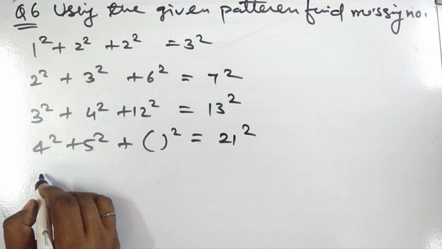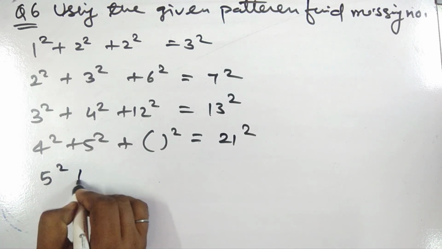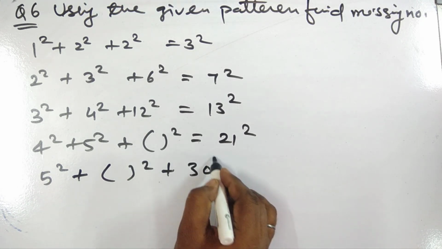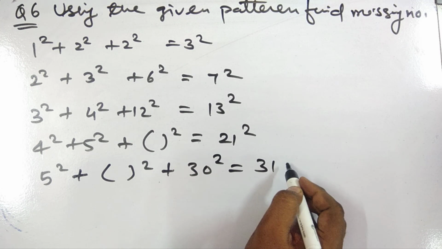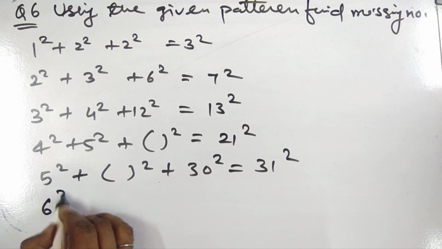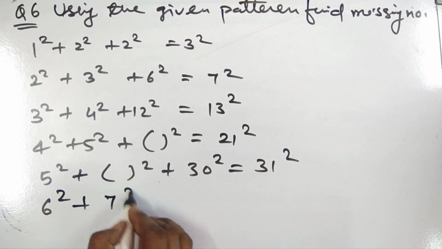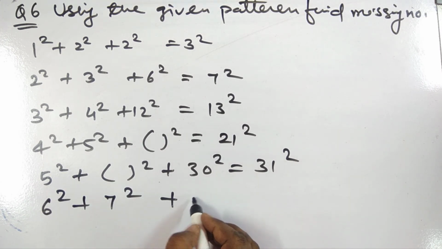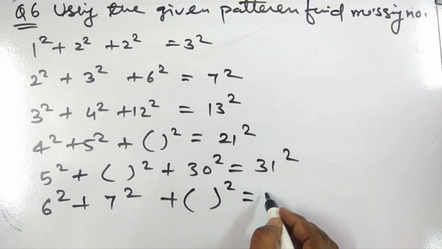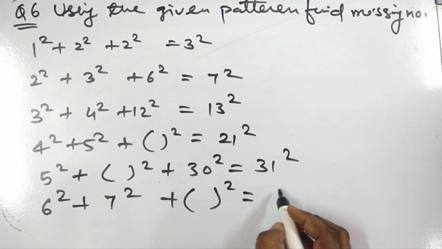Then 5 square plus blank plus 30 square is equal to 31 square. Then 6 square plus 7 square plus blank square is equal to 43 square.